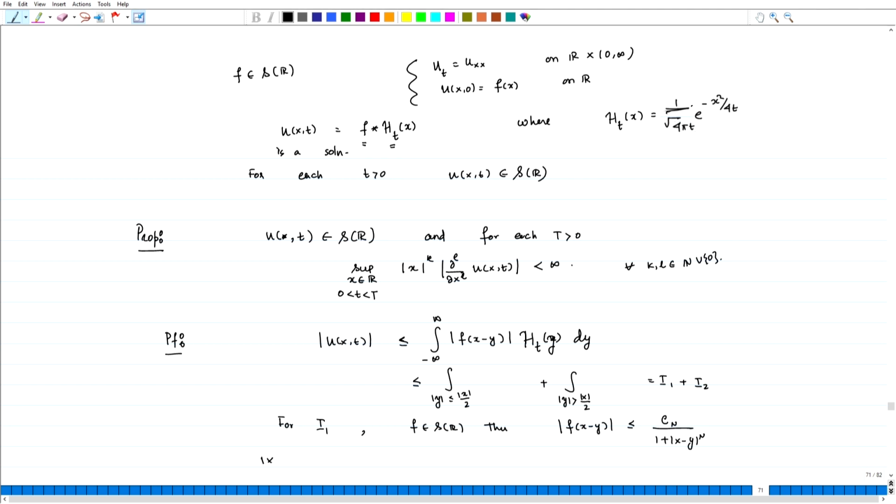So look at that: mod of x minus y is greater or equal to mod x minus mod y, and mod y is lesser or equal to mod x by 2. Therefore this is greater or equal to mod x by 2. So here we can get some other constant d_n over 1 plus mod of x to the power n. This is for every n, because of the rapid decay of f. Okay. So if I hit it with a polynomial in x, this is under control.